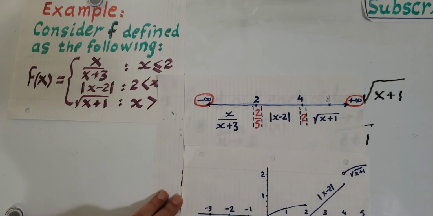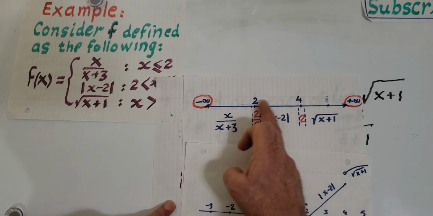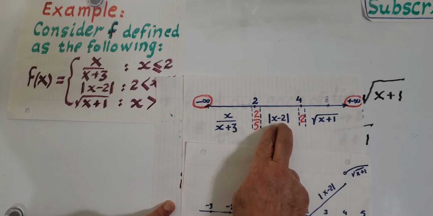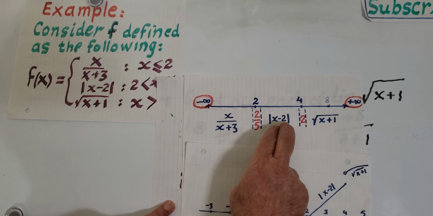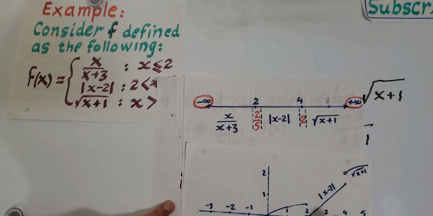For the second interval of the domain, the equation is represented by this part of the line between 2 and 4.